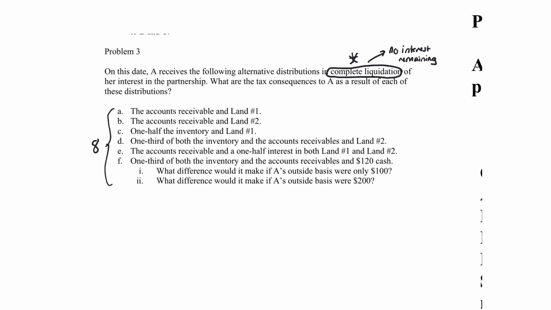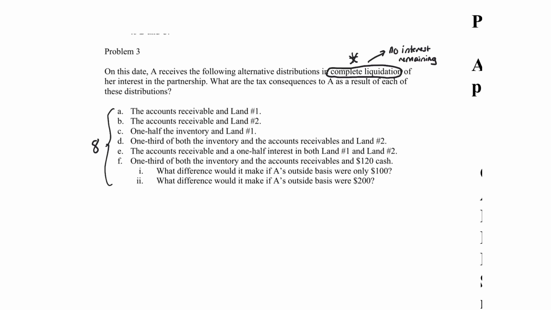In situation A, A is going to receive all of the accounts receivable and land 1; in B, all of the accounts receivable and land 2; in C, 1/2 the inventory and land number 1; in D, 1/3 of both inventory and accounts receivable and land 2; in E, the accounts receivable and a 1/2 interest in both land 1 and 2; and in F, 1/3 of the inventory and accounts receivable and $120 cash.